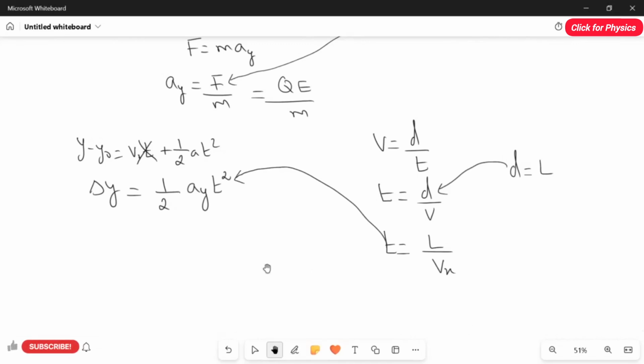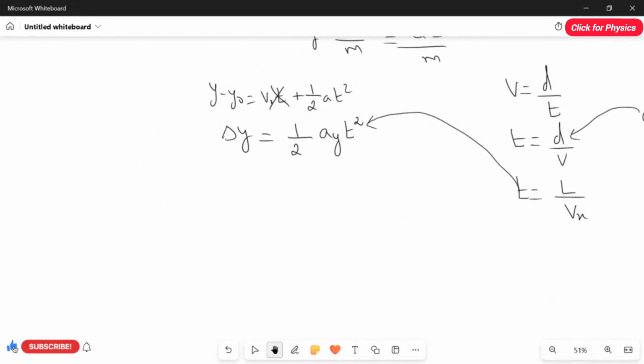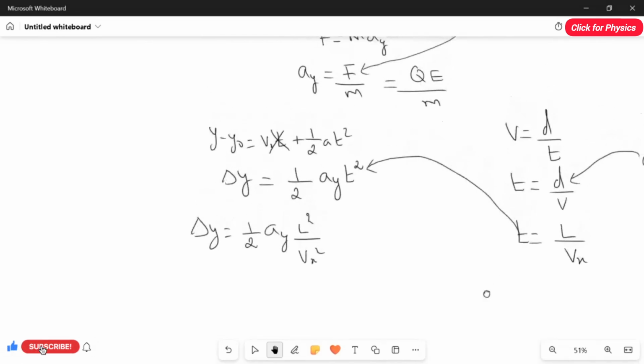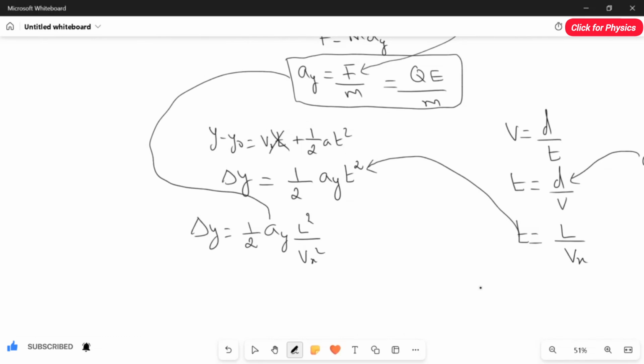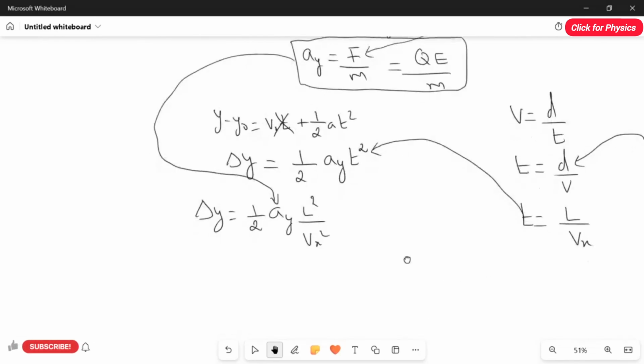Now I'm going to take this t and substitute it here. The equation gets a new form: delta y equals half multiplied by a of y multiplied by L square over v of x square. Now I'm going to take this a of y value and substitute it here. In place of a of y, I replace it with q multiplied by e over m, because this is equal to a of y.